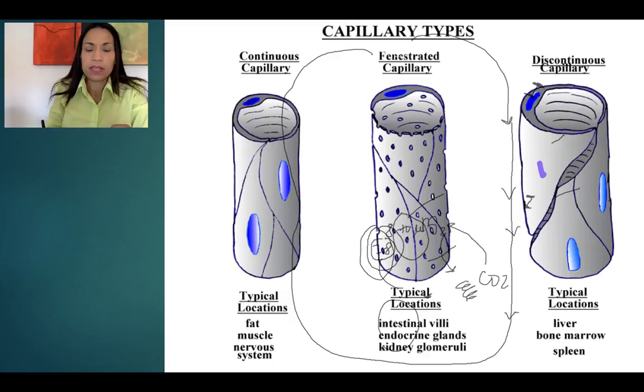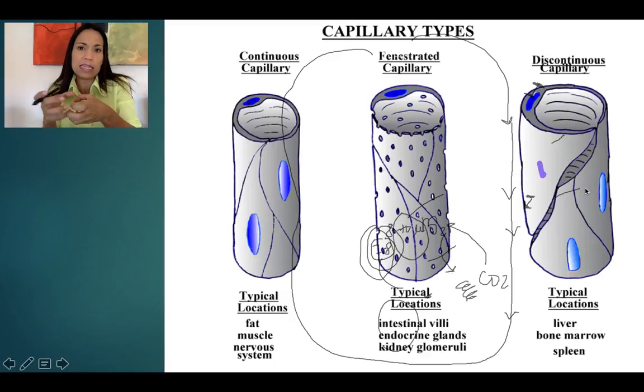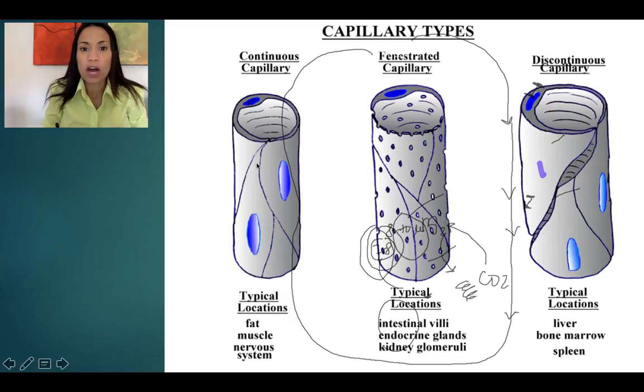Now, we have three types of capillaries depending on how tight the cells are, remember this is one layer of cells, so how close together these cells are.